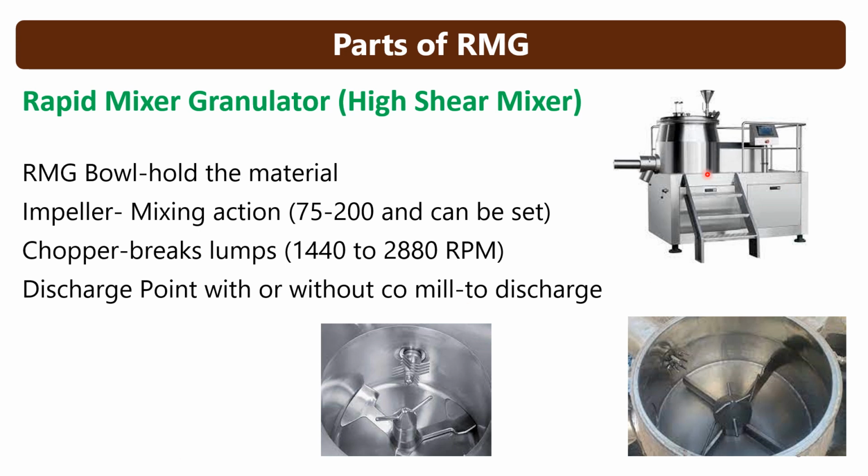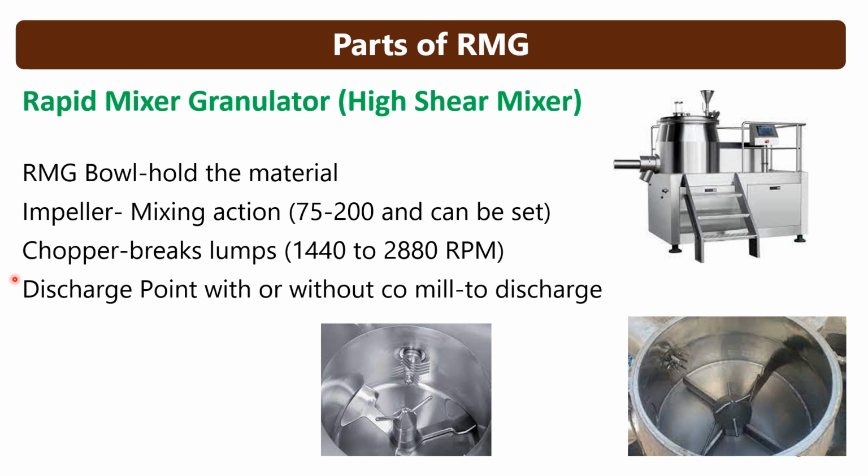You can see here it is a container, known as the bowl. In this bowl there are two moving parts, the impeller and the chopper. Impeller and chopper have their distinct functions. Impeller has the function of mixing and chopper has the action of breaking the lumps.